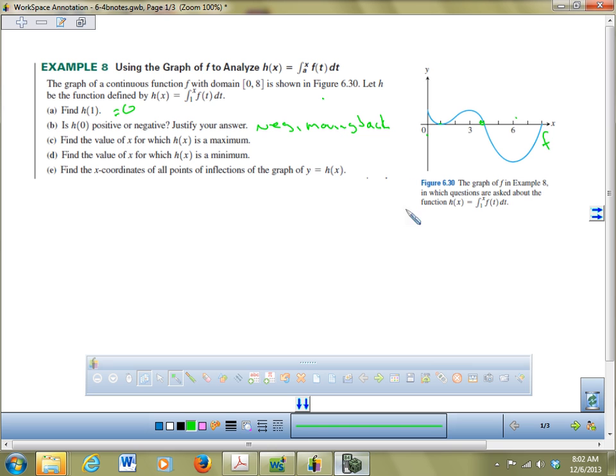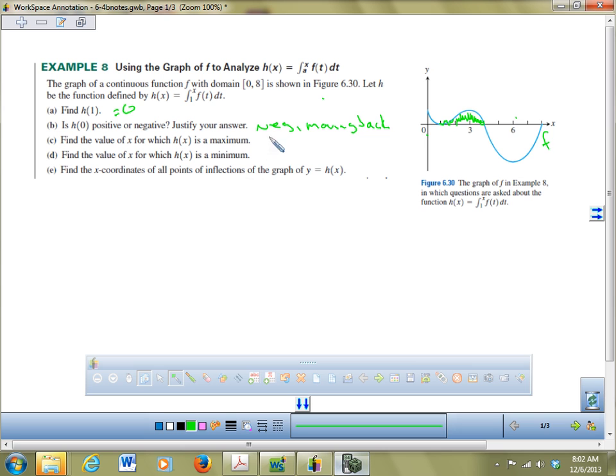You understand that? Because if you start here, and I start adding up area, right? And then after this, what happens to my integral? It doesn't say area. Find the value for which h of x, which is the integral, not the area, but the integral, right?